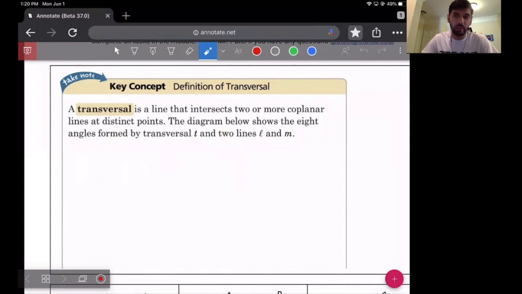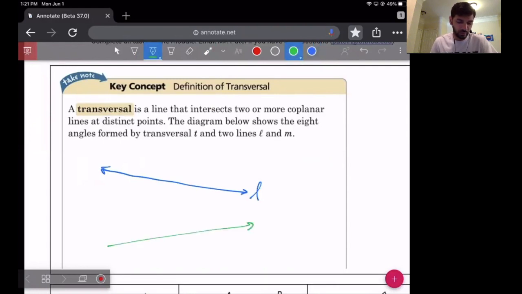And I'll kind of draw that below, but I'm going to use what's labeled here. So the transversal I'll label as the line T, and then there'll be two other lines, L and M, also in this diagram. So let's first start by, I'm just going to draw two random straight lines. So here's line L, and then I'm going to draw another line.